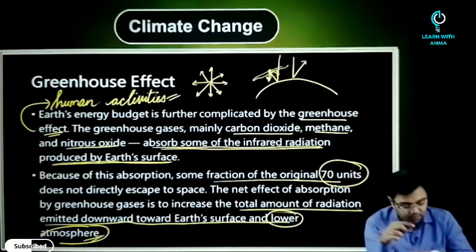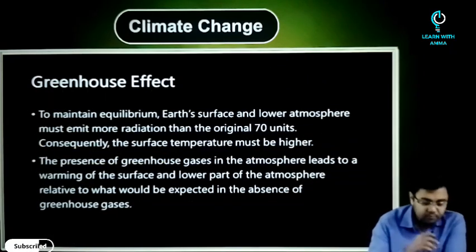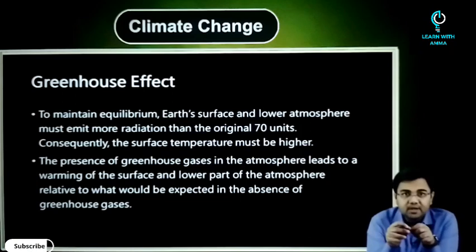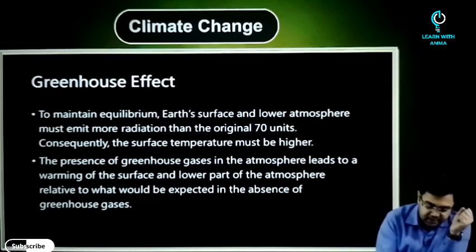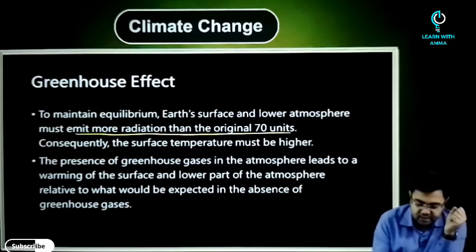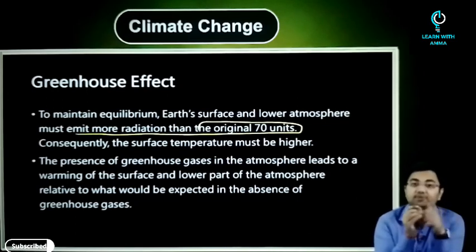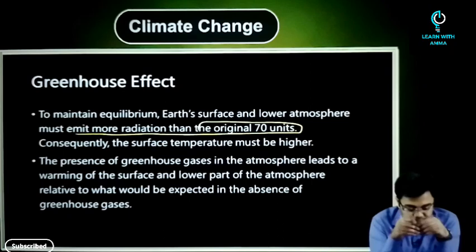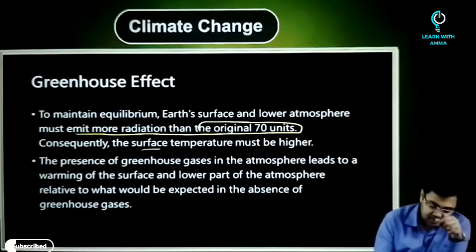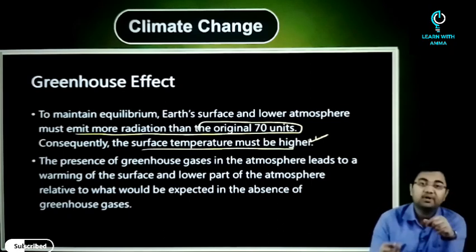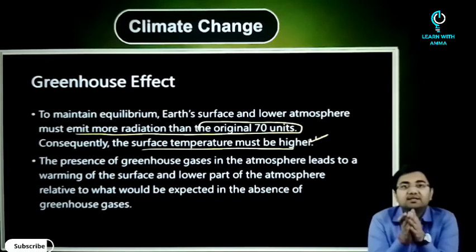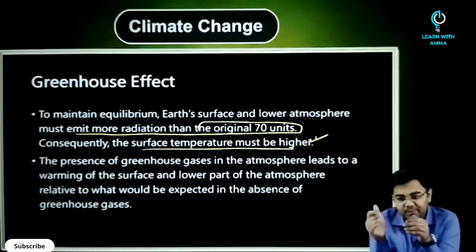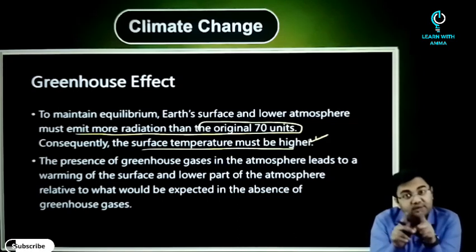Now, what happens is that to maintain the equilibrium, the Earth's surface and the lower atmosphere would actually emit more radiation than the original 70 units. So, as a consequence of this, the surface temperature will become higher. Now, this process basically is not quite the same as what happens in a true greenhouse effect, but the effect is similar.